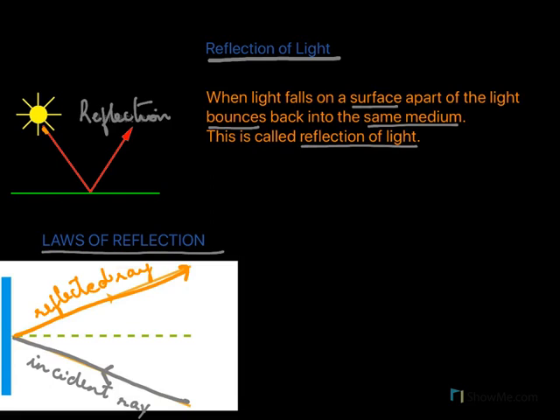Now the normal is a line drawn at 90 degrees to the surface at the point of incidence. The point of incidence is out here, and the line at 90 degrees drawn at the point of incidence is called the normal.